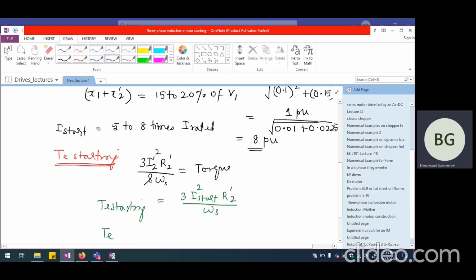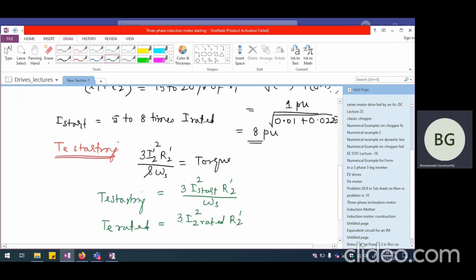Whereas TE rated, or TE full load, is going to be 3 I2 rated square multiplied by R2 dash divided by whatever is the slip at full load or rated condition, multiplied by omega S.